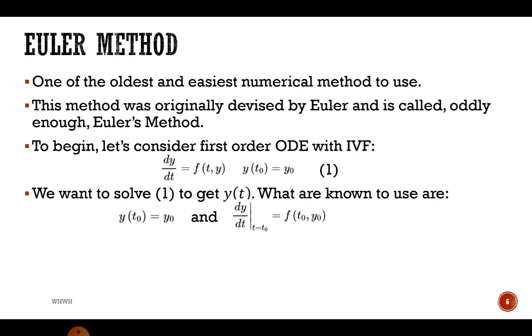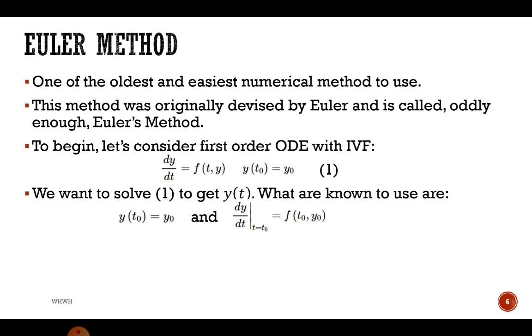So how does this Euler method operate? How does it work? It is still an ODE, a differential equation, with an IVP. What does IVP mean? Not in vitro, of course.